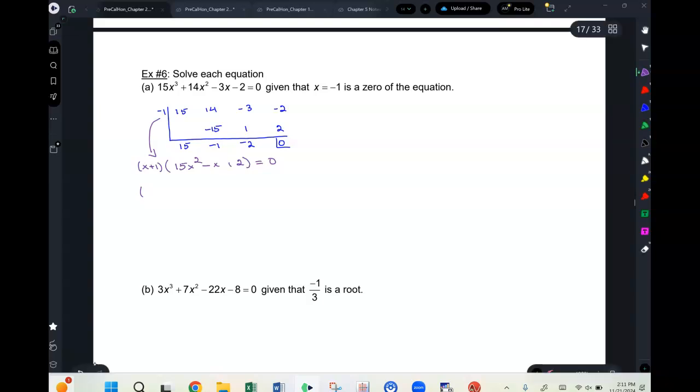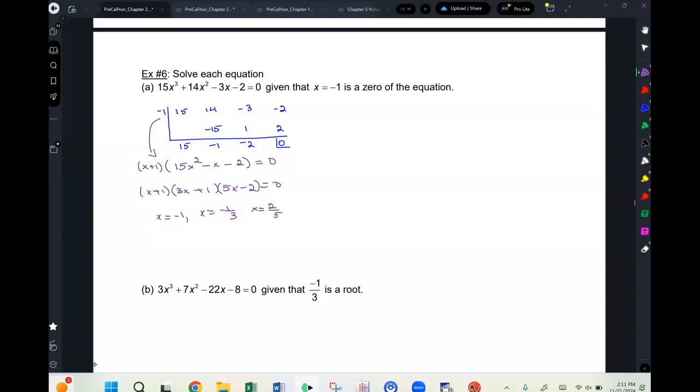Now let's factor this. So it's going to be x plus 1 times, here I'm going to get 3x and 5x, plus 1 minus 2. And then we're done. So x equals negative 1, x equals negative 1/3, x equals 2/5.